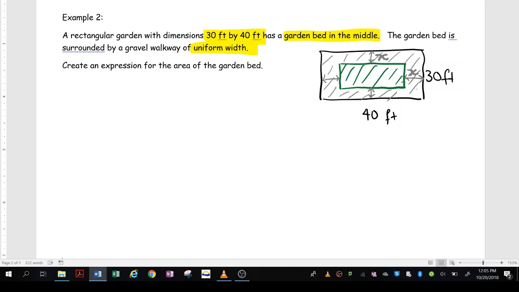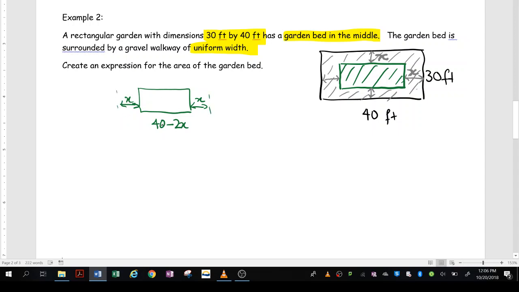We don't have those dimensions, but what we do have is the outer dimensions, and we have that this is x. So that means for our inner dimensions of the garden bed, let me redraw the garden bed here. The length is 40 minus 2 times x, because remember we had an x on either side here, and the outer part was 40.